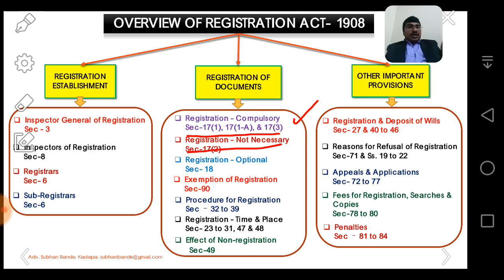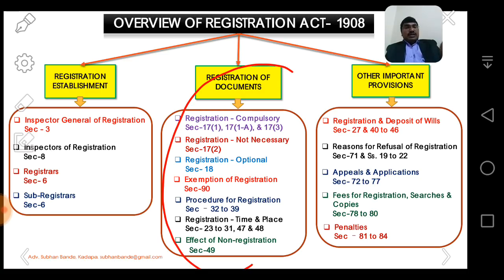The registration of documents of which registration is not necessary. Registration of documents of which registration is optional. The documents exempted from registration. Procedure for registration. The time and place of registration. Effect of non-registration.